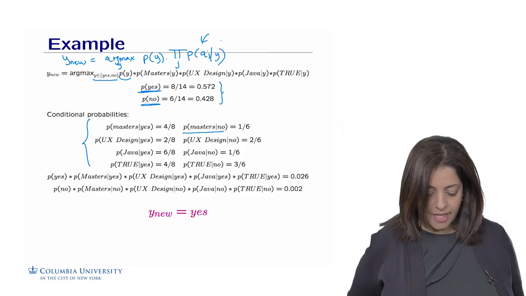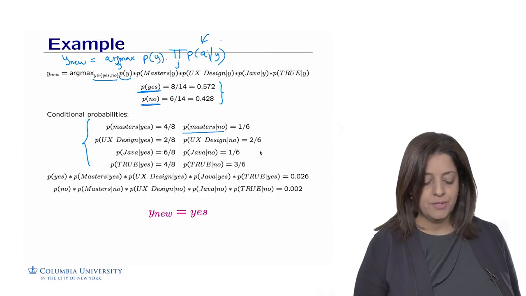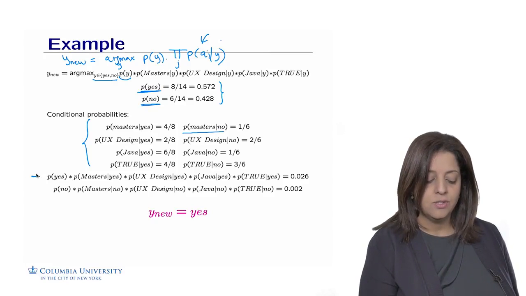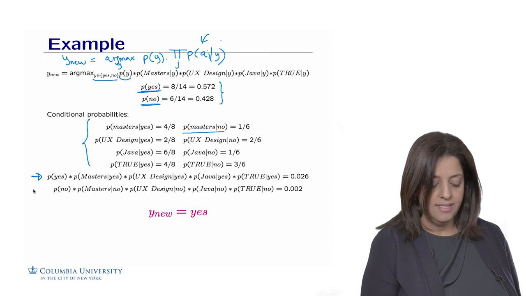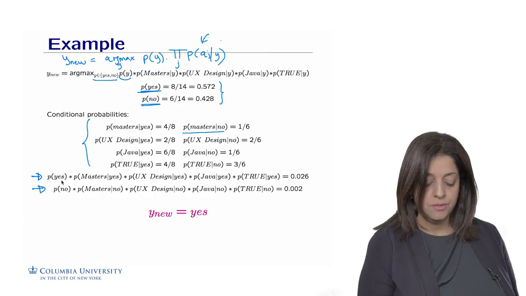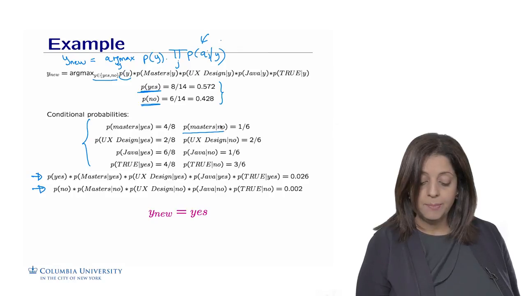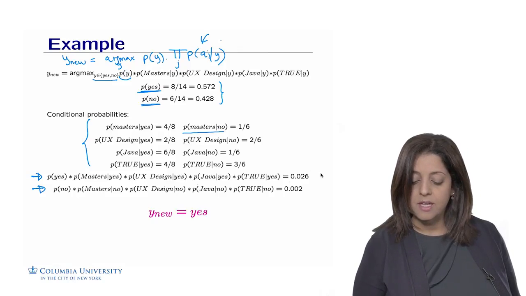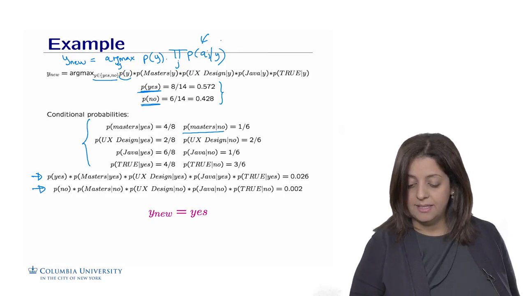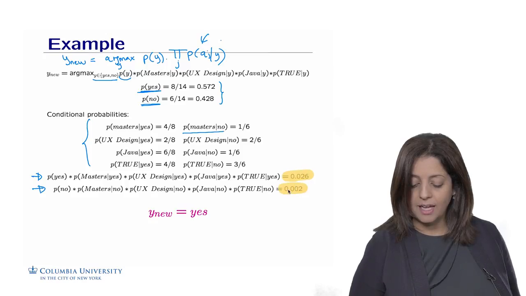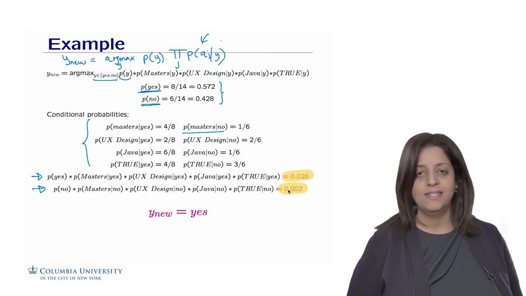Given these values, we plug these numbers in for the case where the hire is yes and the hire is no. We just change the y in this formula to yes or no and plug in the conditional probabilities to finally get these two numbers, which suggest that we should hire this applicant.